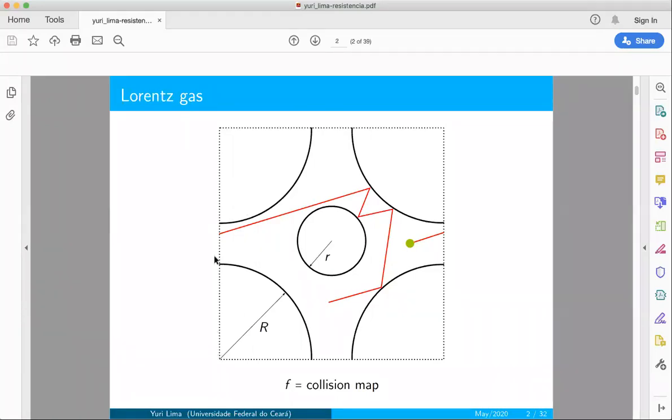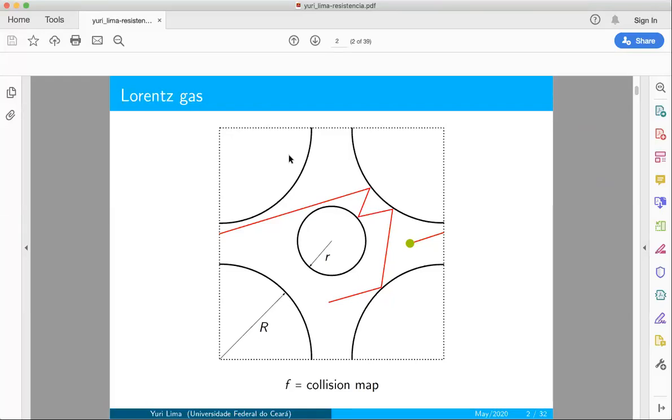Both obstacles are circles. The second circle appears in the fundamental domain in 4 pieces like this. On the complement of the obstacles, you consider the usual billiard dynamics, which is the dynamics of a point particle walking at unit speed until it hits one of the obstacles, at which place it reflects in a specular way and continues in a straight line with unit speed until it hits the obstacles again, and so on.